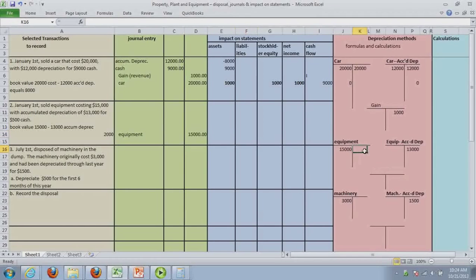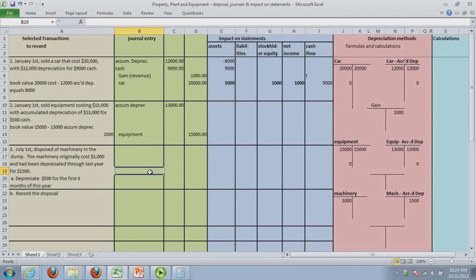So over here, we credit the asset to get rid of it. And now your asset account is in fact 0. You also need to get rid of accumulated depreciation, which has a credit balance. So to do so, I'm going to debit that account, just like we did before with the car. And that's going to be debited for 13. So that's going to make that go away.